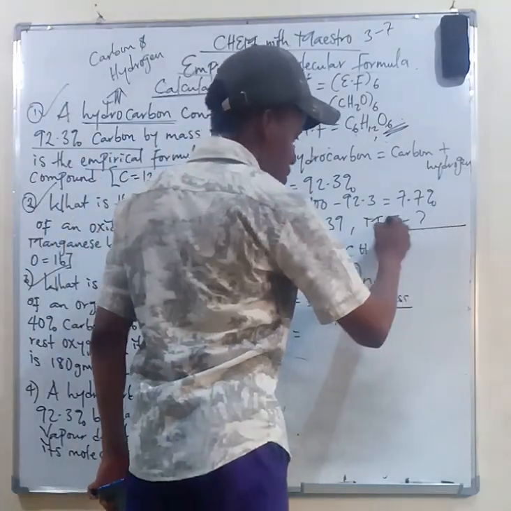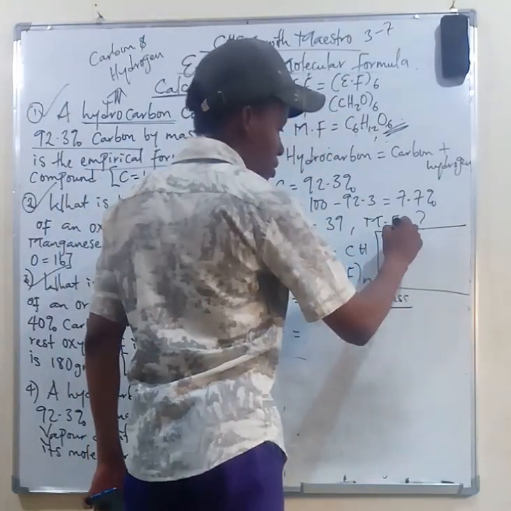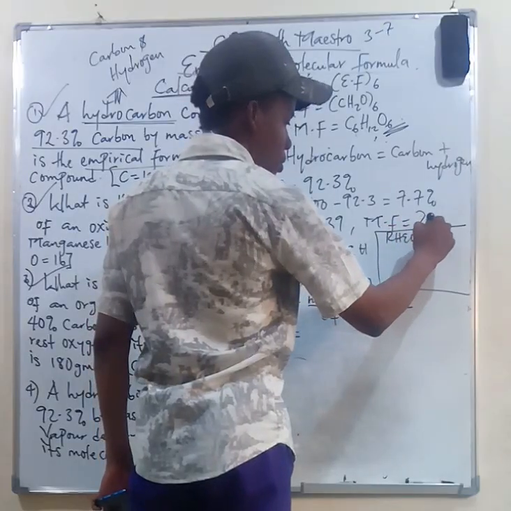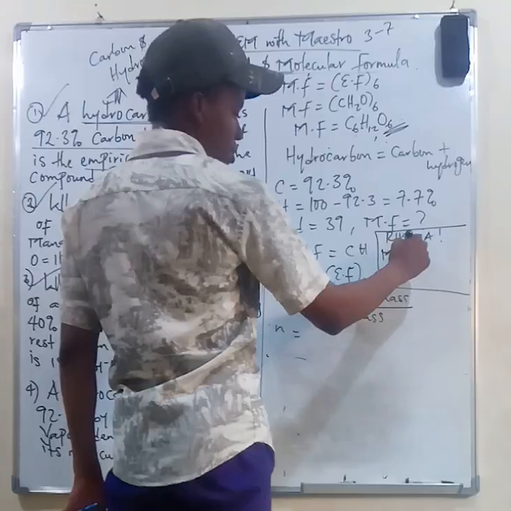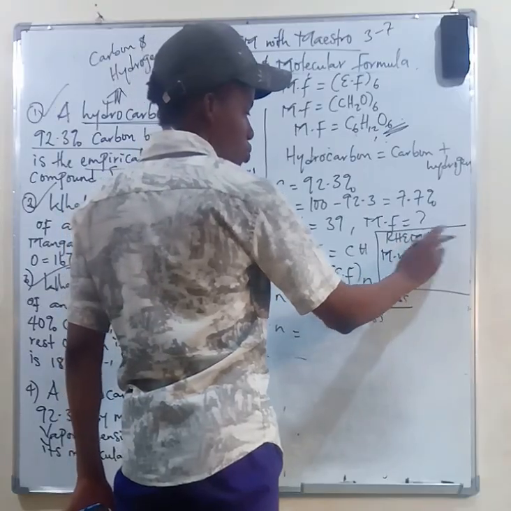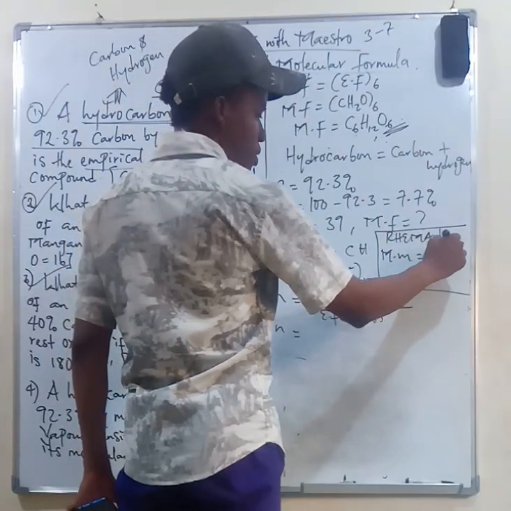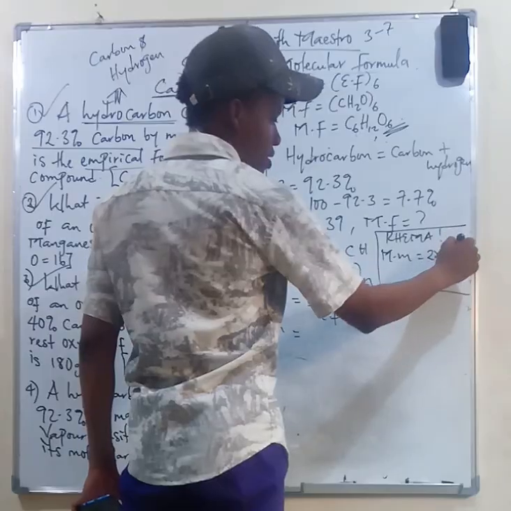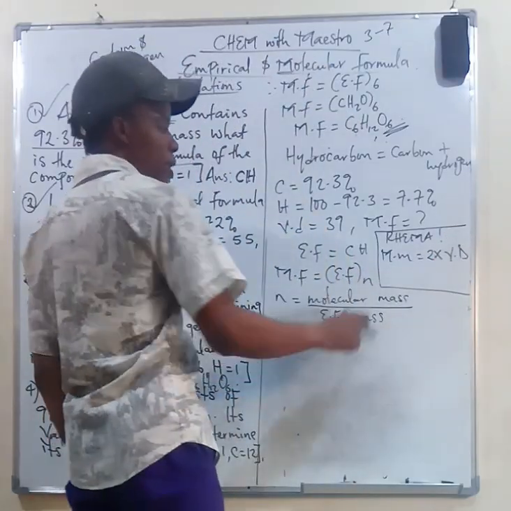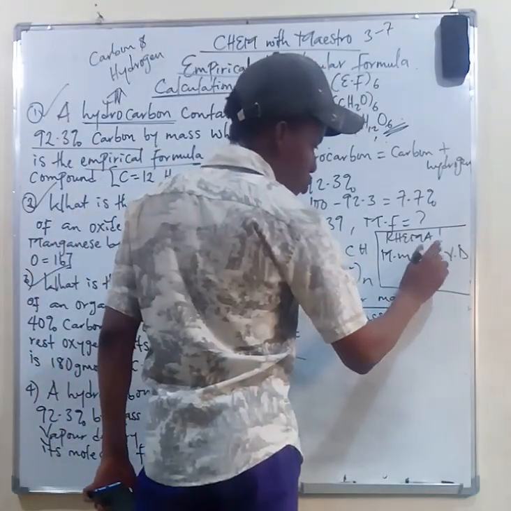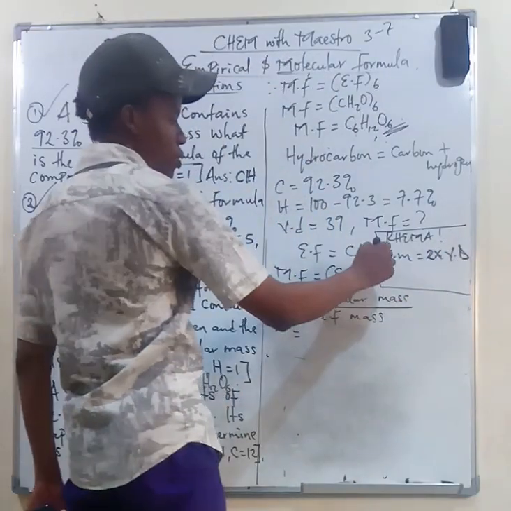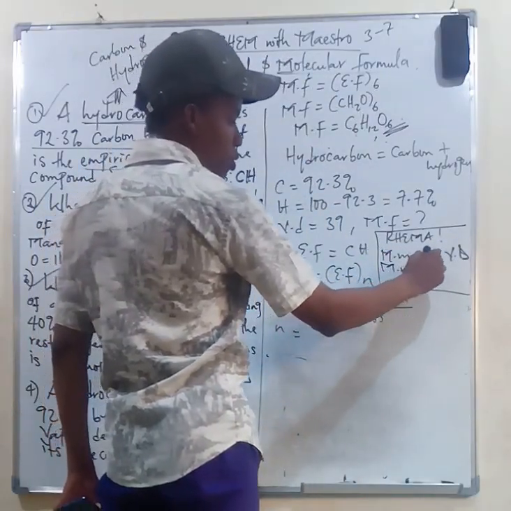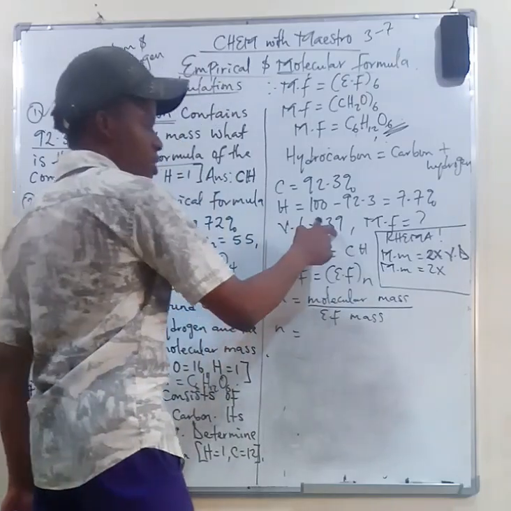This is a Riemann formula. Molecular mass is equal to 2 times vapor density.